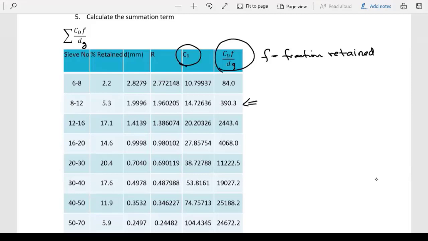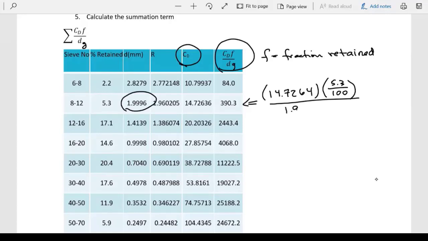Again, here we have a coefficient of drag now of 14.7264. The fraction retained is the percent divided by 100, divided by the diameter, but we need this in meters. Notice this is in millimeters, we need meters here. And that is 390.3.